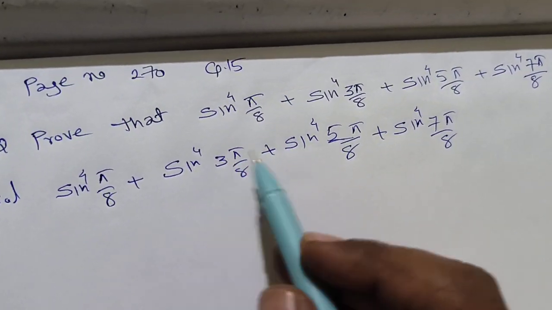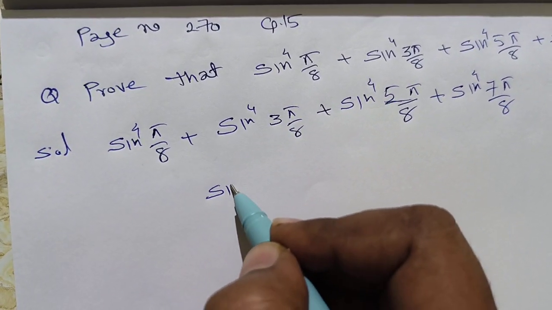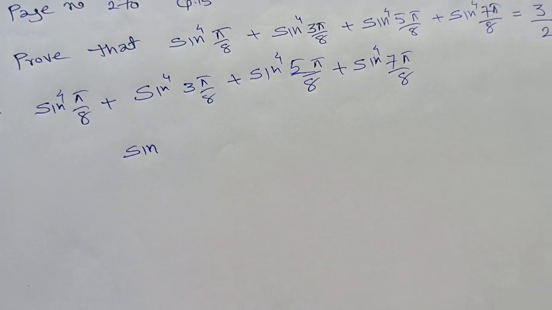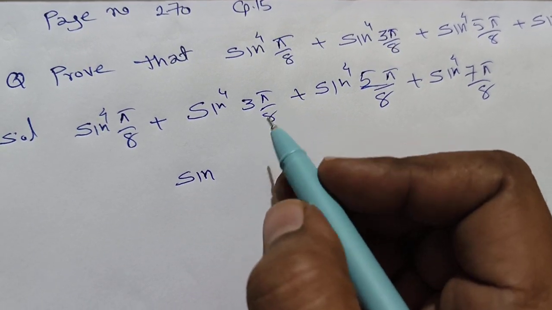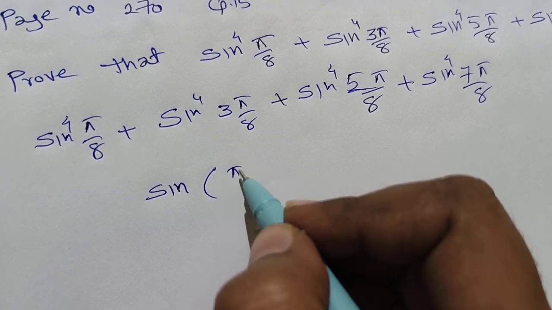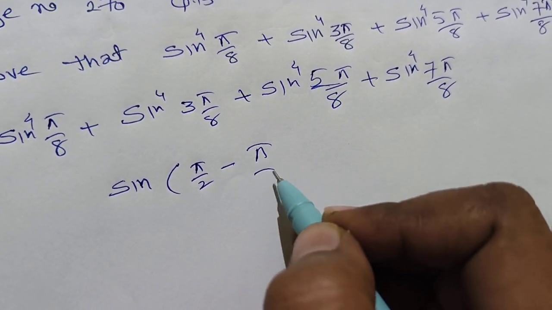So this 3π/8 can be written using the general formulas: sin(90° − θ) is cos θ, and sin(90° + θ) is cos θ. So I write sin(π/2 − π/8).